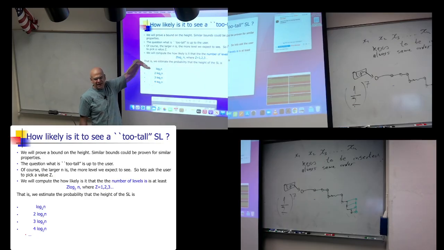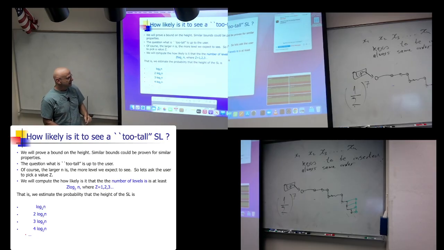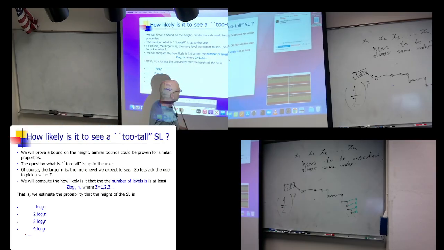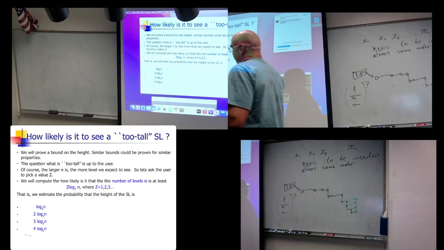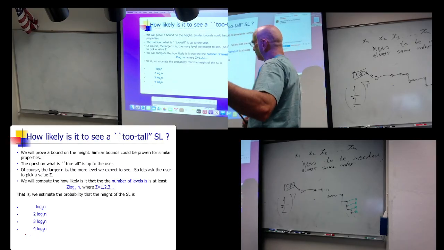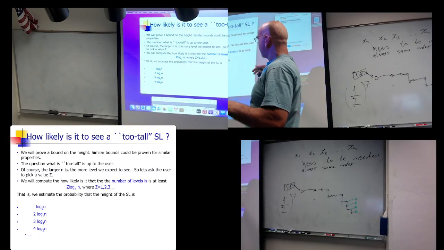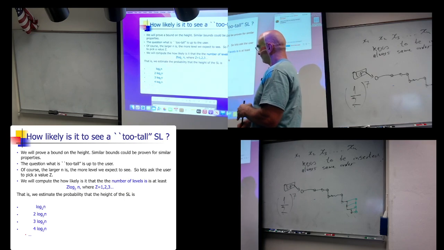So I can say don't go over too many levels, don't increase the number of levels by more than 1 or many more than log n, but it doesn't necessarily make your code any faster or number of elements any smaller. It's not a bad heuristic, but as you'll see in a moment, it's not necessary.